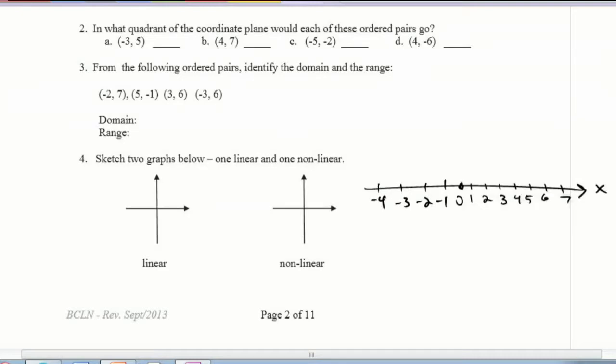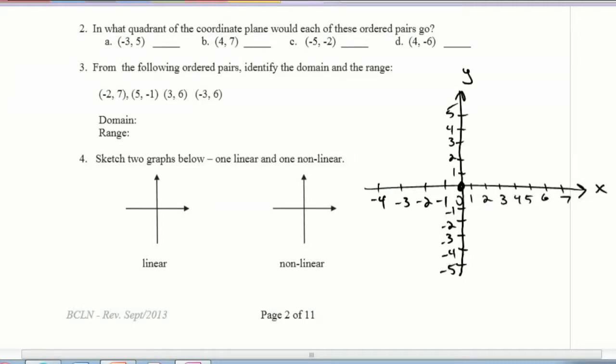So there's our number line with x values: 0's in the middle, everything to the right's positive, everything to the left's negative. Now, what if I took another number line and drew it this way with an intersection at that 0 point, and called all of these values my y values? Everything going up is positive 1, 2, 3, 4, 5, and everything going down is negative.